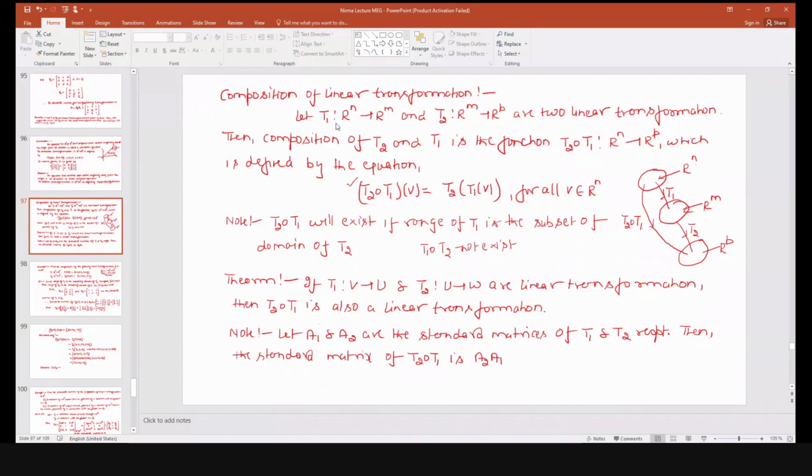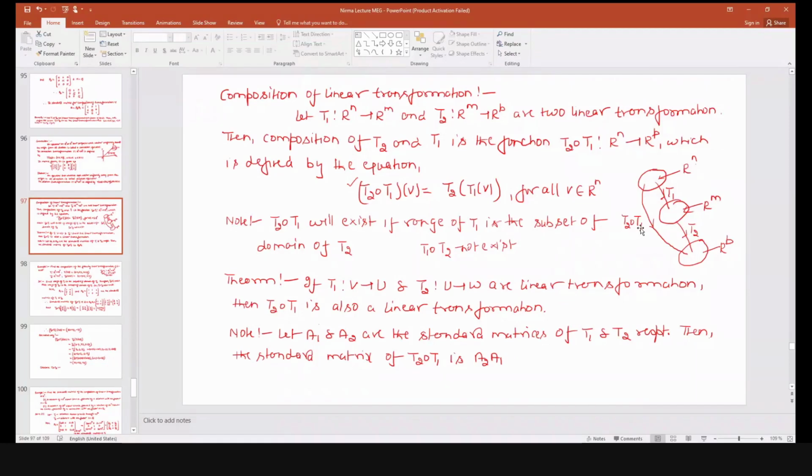So geometrically I have drawn here Rn, which is the domain of T1, and Rm, and Rp. T1 is from Rn to Rm, and T2 is from Rm to Rp. Only then will T2 ∘ T1 exist. So what should be the condition? The range of T1 should be a subset of the domain of T2.